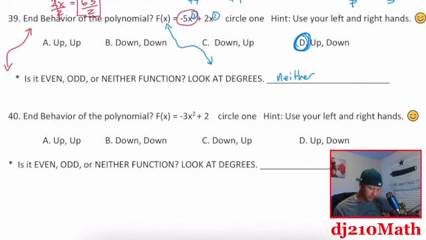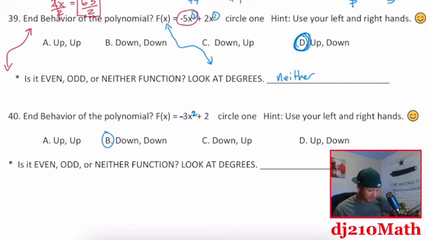Either they're all one way or they're all the other way. All right, for 40, end behavior. So X squared, the leading term, they're either both up or both down. Well, it's negative, so they're both down. Down, down.